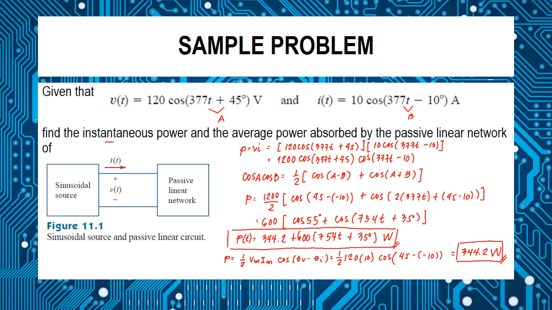So let's start. We know that our formula is p is equal to v times i. So let's just multiply. We have here 120 cosine of 377t plus 45 multiplied by 10 cosine of 377t minus 10.